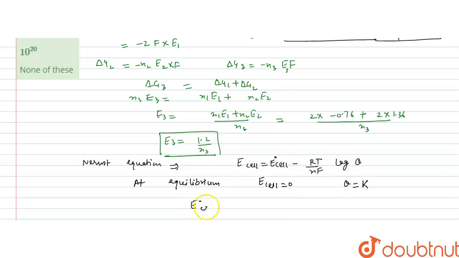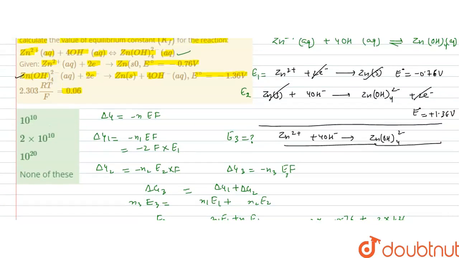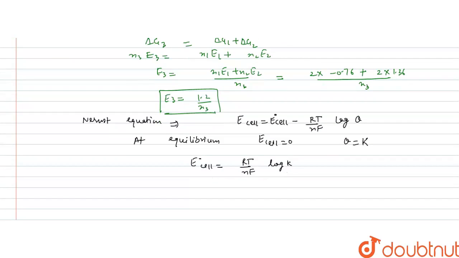So E naught cell equals RT by nF log K. Sorry, it should be 2.303 RT by F, since it is log base 10. So 2.303 RT by F value is given as 0.06.